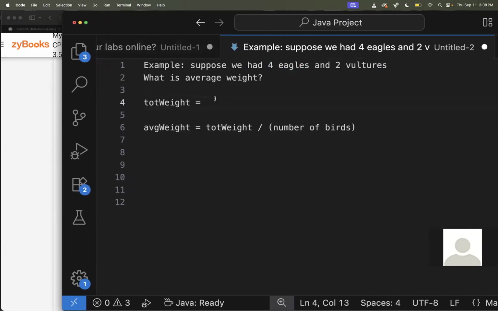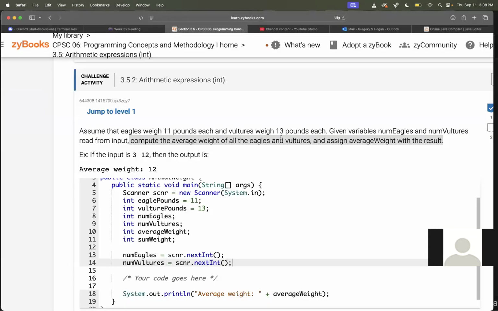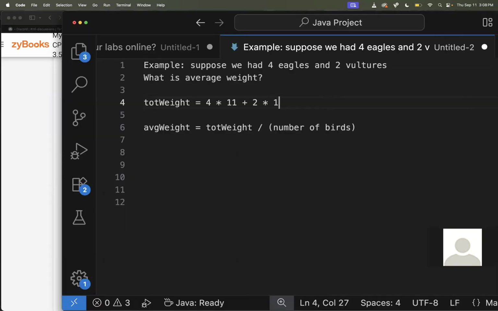So you'd have to take the four eagles and multiply it by 11 pounds to get the weight of the eagles. And then we have two vultures. So we would have to take the two and times it by how much a vulture weighs. So a vulture weighs 13 pounds. So we'd have to multiply it by 13. And then this is just math that would have to be done.